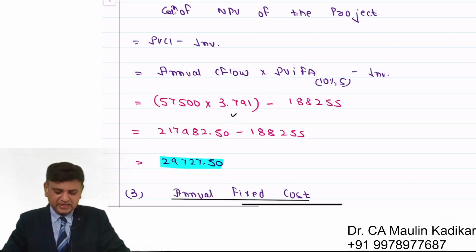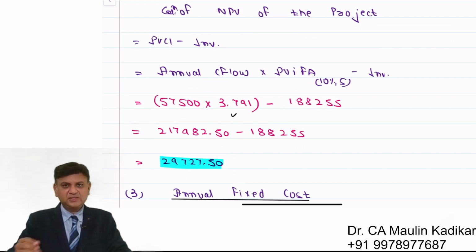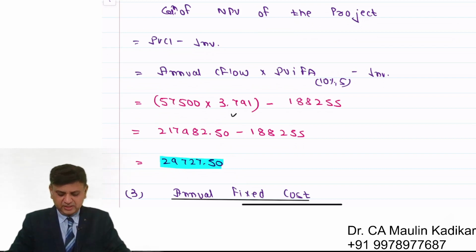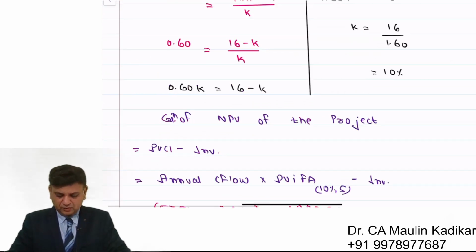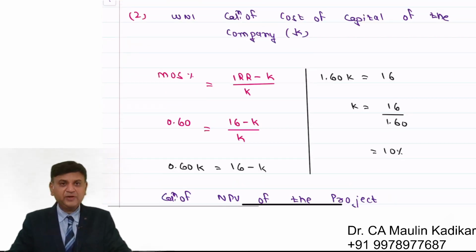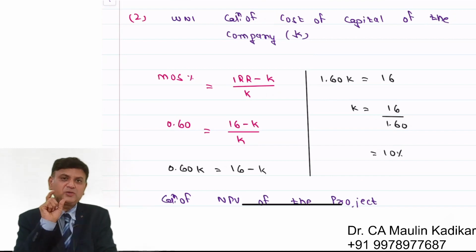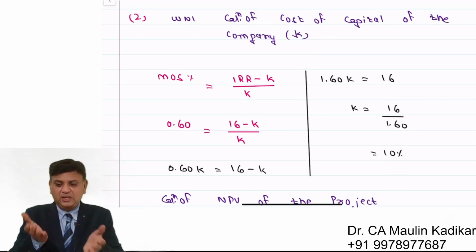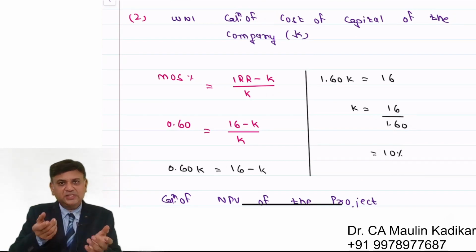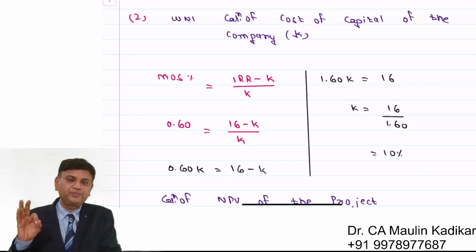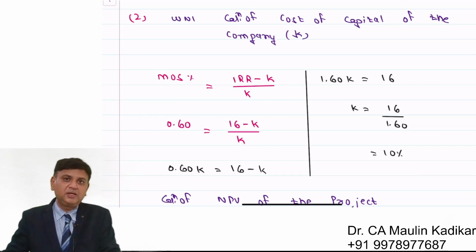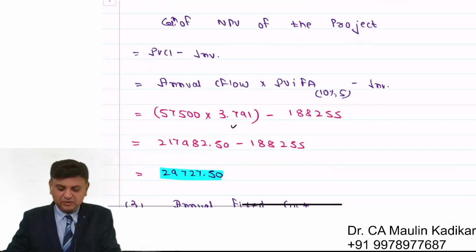Now we calculate NPV of the project, with 10% as the discounting rate. Importantly, friends, margin of safety with respect to the cost of capital indicates that if cost of capital increases at this rate, NPV will become 0. We already know that the IRR is 16 percent. So accordingly we have made the calculation of the answer.